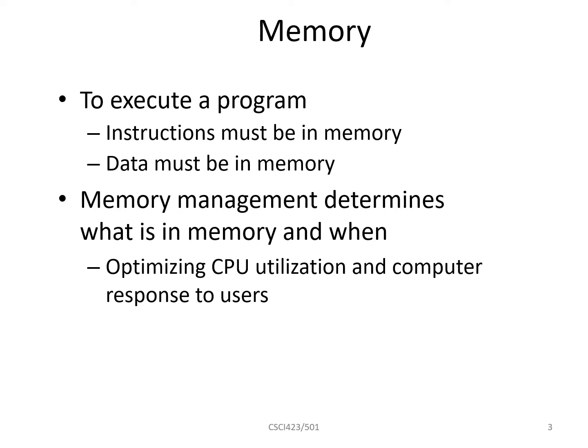So we need to manage the memory to determine what should be in the main memory and at what time point, so that we can better optimize the CPU utilization and also make the computer respond better to users.